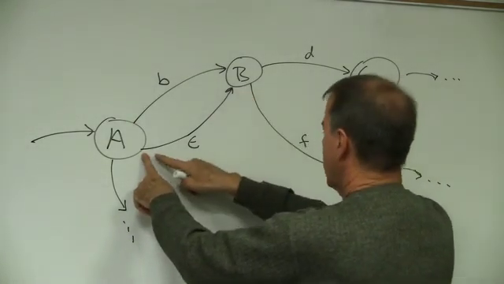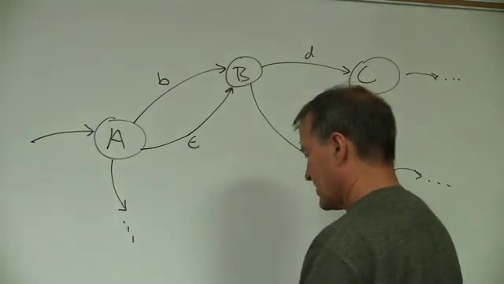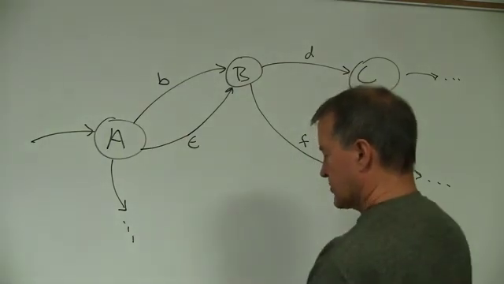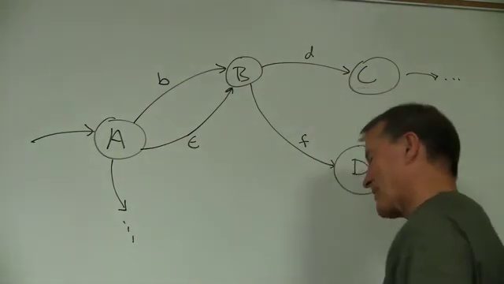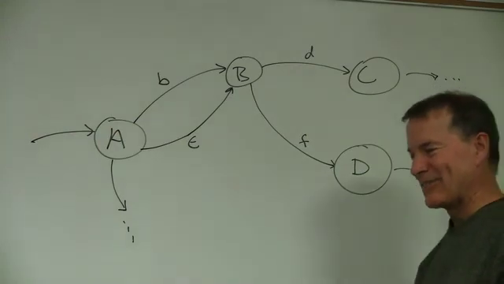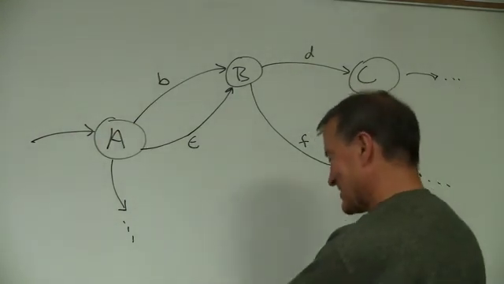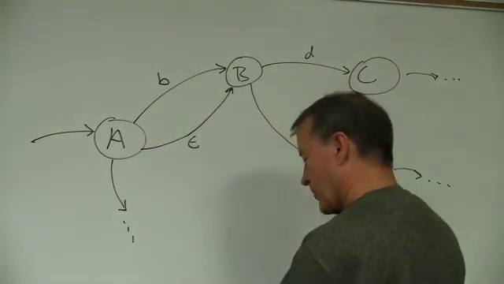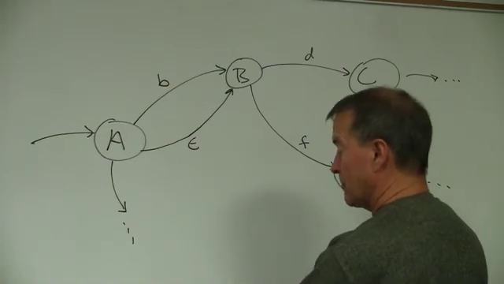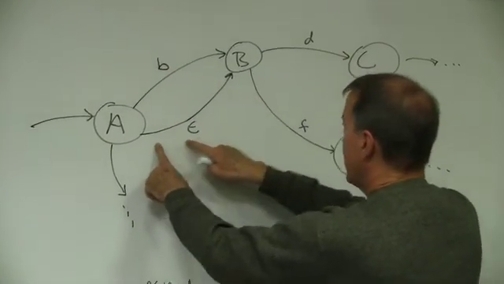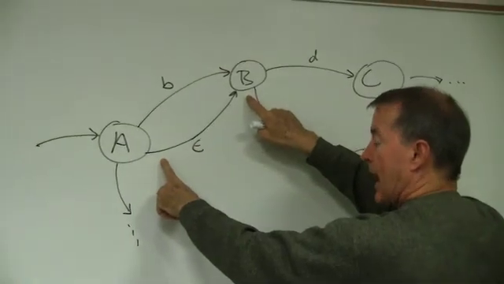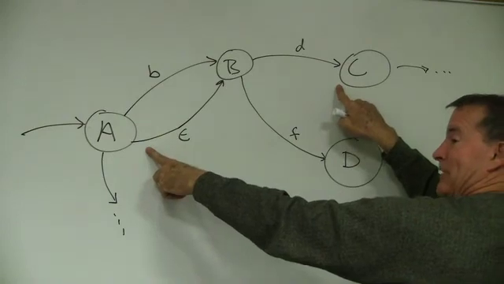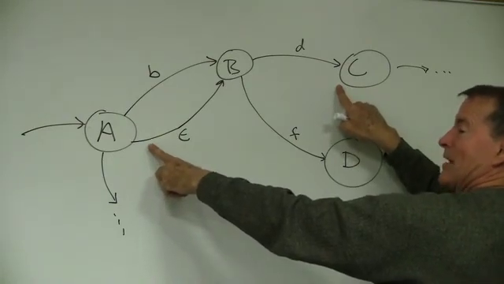Actually, let me make this be D. So my first instance isn't quite right because this is a D. We see this one transition is on B, but now we don't have a B, we have a D. So what should we do? We should take epsilon from here to here. That will get us to B, and then we can take the D from here to here. Are you with me?